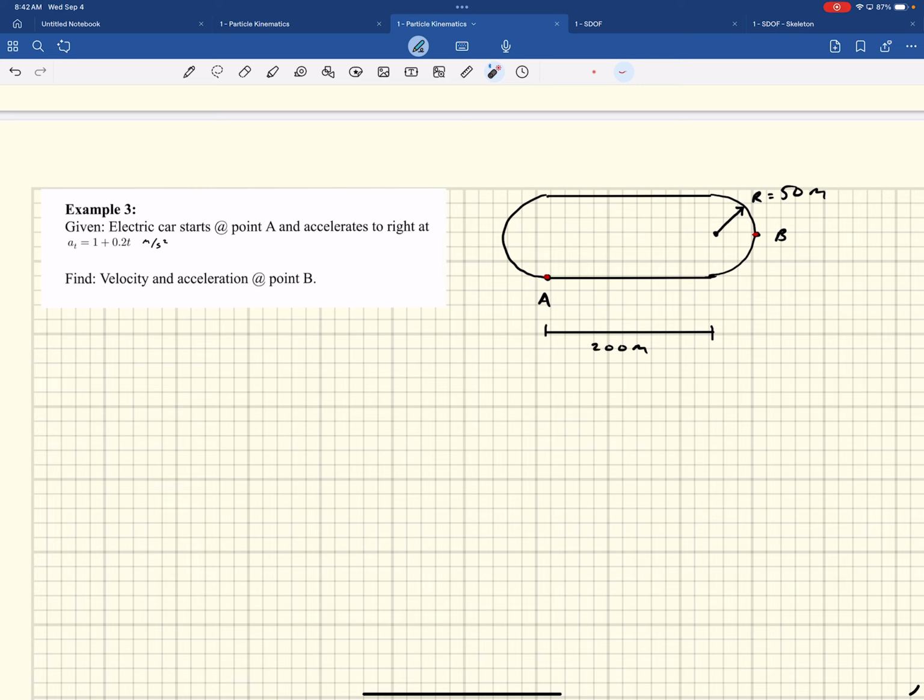Let's do this one. Velocity isn't so bad. Let's come up with a plan for what we're going to do.